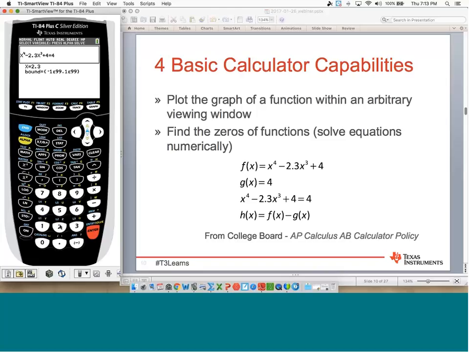I didn't know exactly where it was, so I'm going to give it a guess of 2. And then when I want it to find it, this is kind of the funny thing on this calculator, up at the top you'll see press alpha solve. So if I hit the alpha button and then enter, that's how I get it to find the numerical estimate of 2.3 as the solution to the equation.